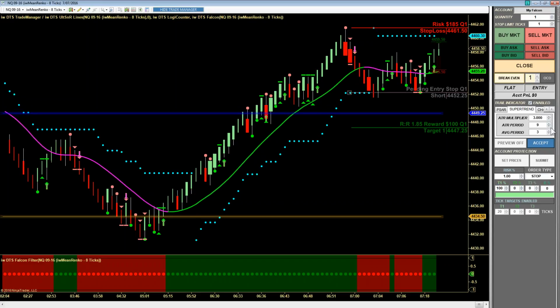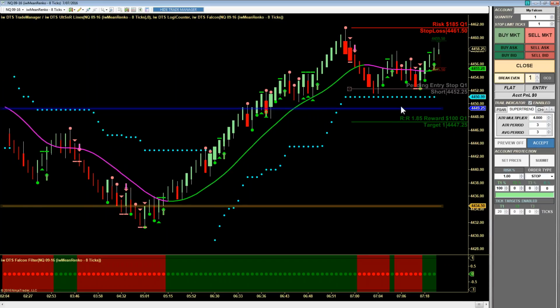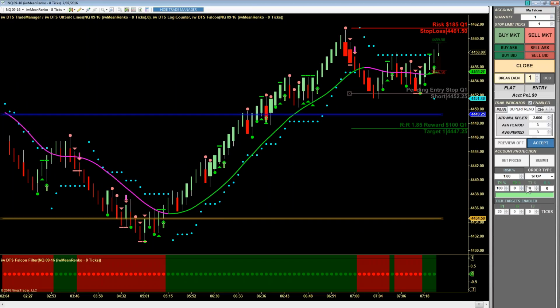It helps a little. Still not as fast. If you need to make a quick change, change the multiplier, click accept, and then you'll get something that's going to be either closer or further away. You can make it tighter as well, right? If you need your stop to be more aggressive, bring that multiplier down.